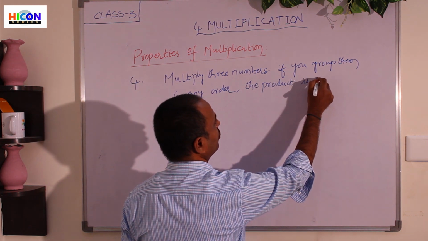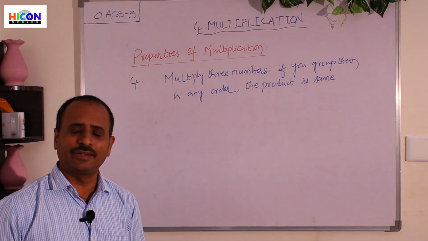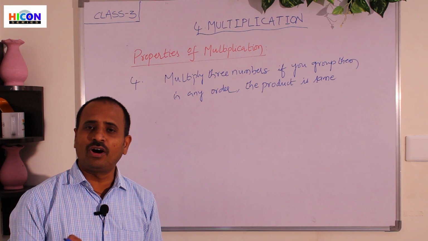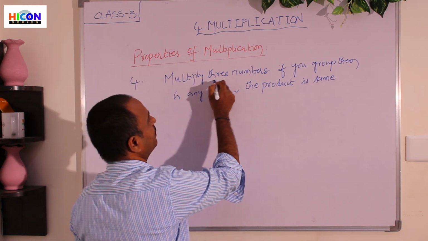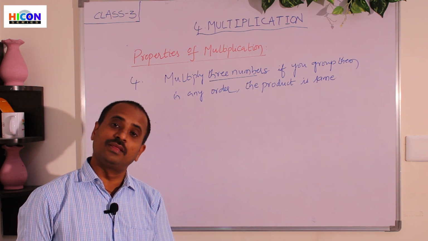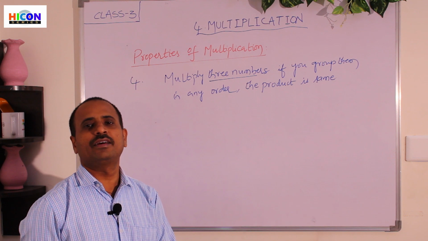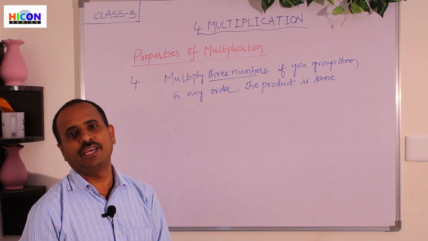Children, this is the fourth property. That means if you take three numbers and want to multiply them, and you group any two of them in any order, the product will be same.